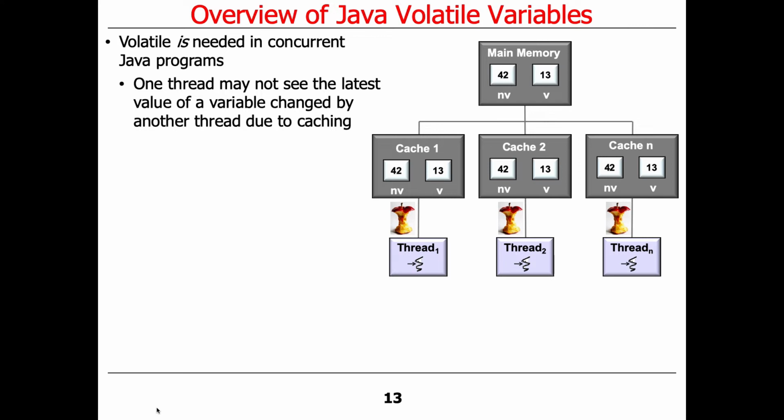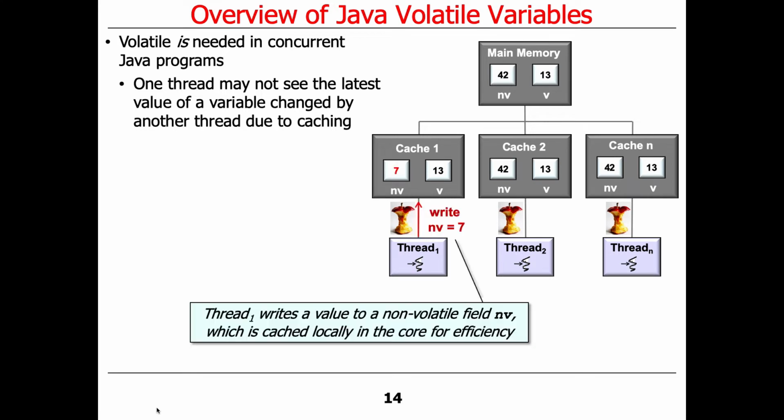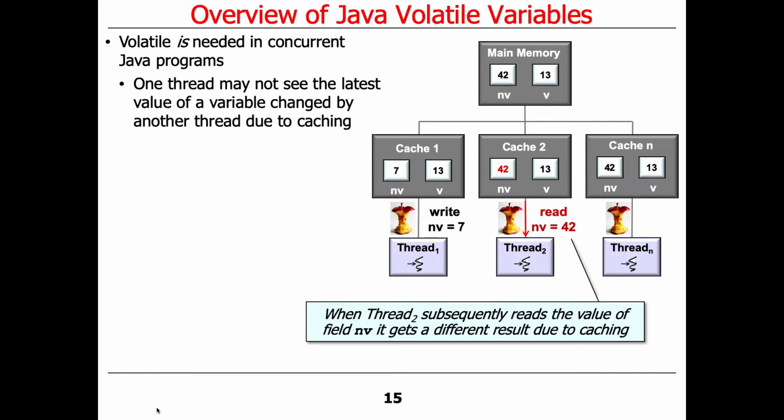So each core has its own cache. If thread 1 writes a value to a non-volatile field, which we denote as NV, then that will be cached locally in thread 1's cache. So you can see that the value of NV is 7 here in the cache, but it's not actually reflected in main memory, and it's also not reflected in caches that are accessed by the other threads.